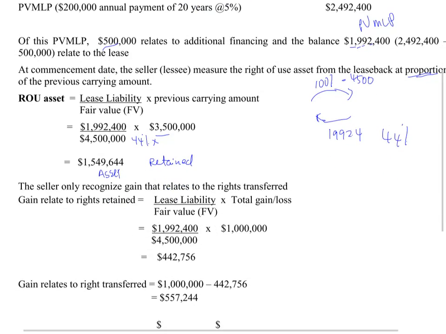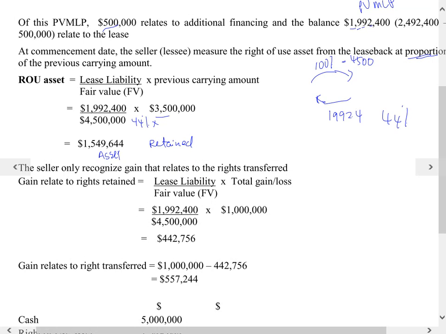So you look at the working here. This is still the 44% of the gain. 44% of the gain, because we retain 44%. So this 44% we haven't sold. We should not recognize this 44% gain. So we only recognize 56%. You see what happened?